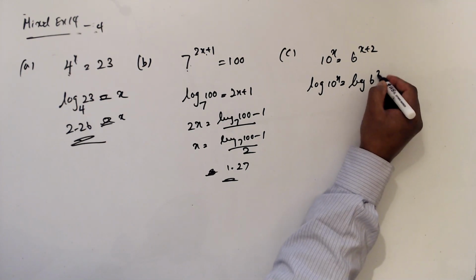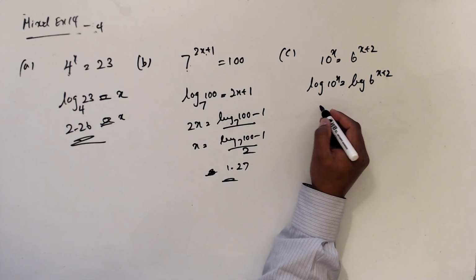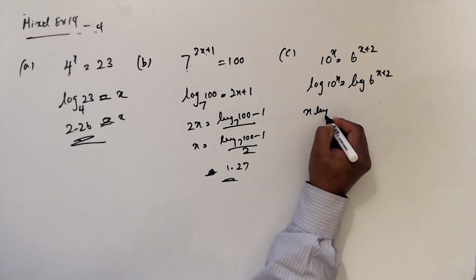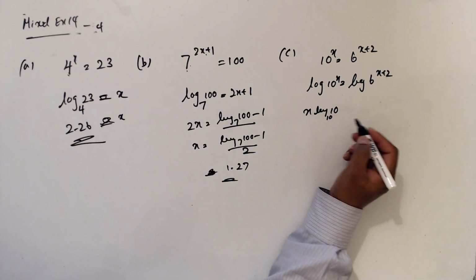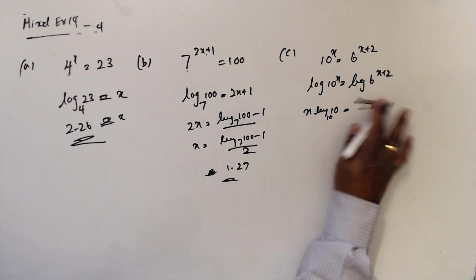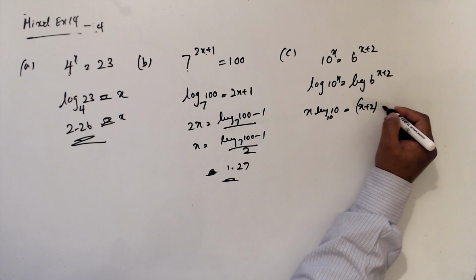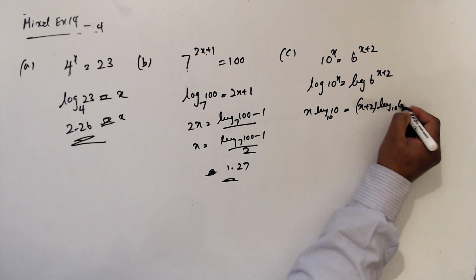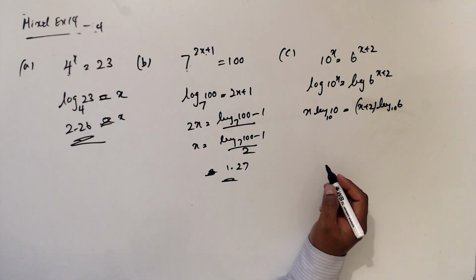So log of 10 to the x equals log of 6 to the power x plus 2. Then this becomes x log 10. So this is actually 10 base. 10 to the power 10 is 1. This is x plus 2 log 6.